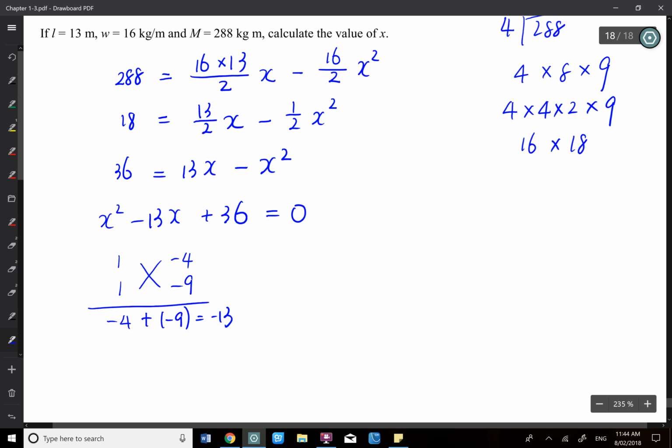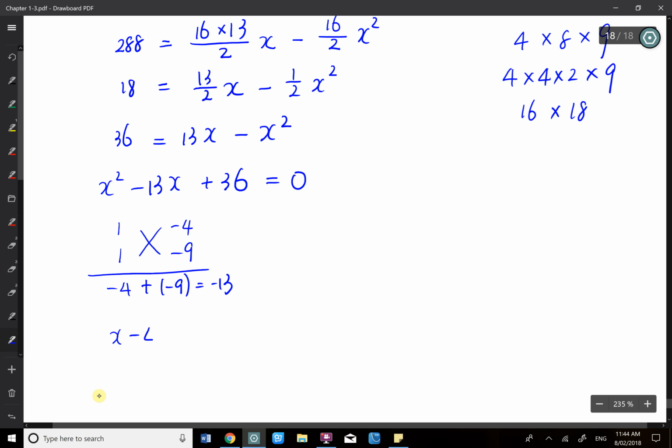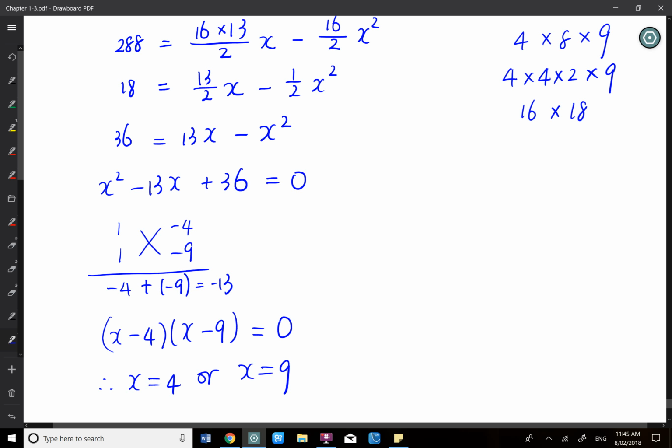So I can factorize that as x minus 4 and x minus 9. So x is 4 or x is 9. Okay, so x is 4 and x is 9.